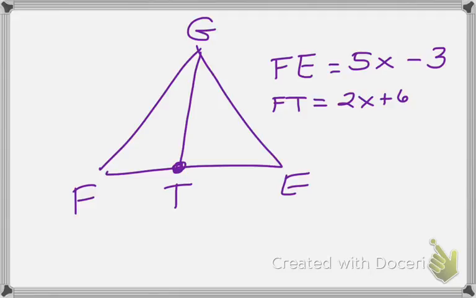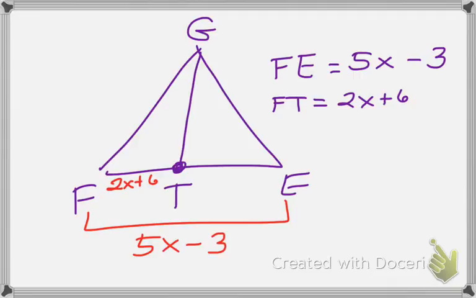How would you solve for x there? Kayla, what do you think? 2 times 2x plus 6 equals 5x minus 3. Yeah, why are you doing that? Because it's half of it. Right, so the whole thing is 5x minus 3. Why would I not equal these two things together?